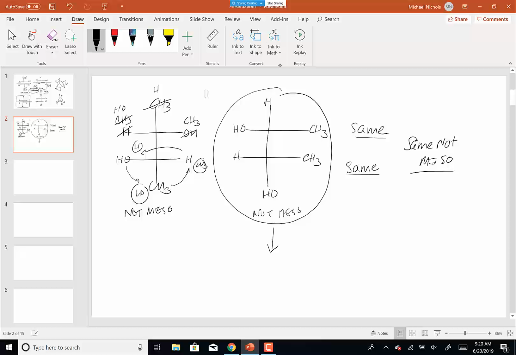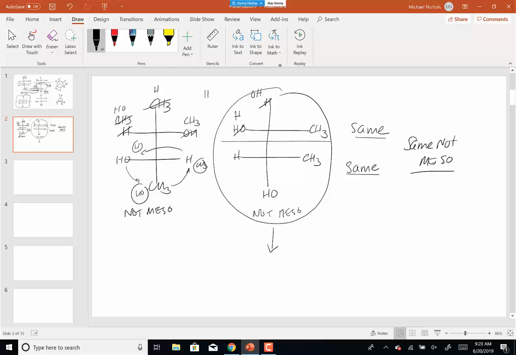So what do you want to do? Take the top or bottom carbon and make it opposite. Top, okay. So if we want to make the top carbon its opposite configuration, what should I do? I should switch 2 groups and stop. Because now I changed the configuration. And in doing so, now the molecule is meso.